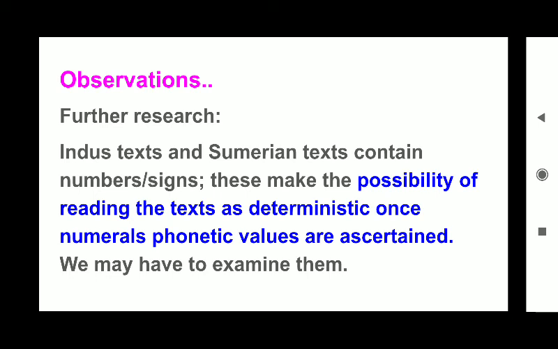Indus text and Sumerian text contain number signs. These make the possibility of reading the text deterministic once numbers, numerals and phonetic values are ascertained. This is one possibility that we have applied in the case of the Sumerian, particularly the Babylonian mathematics. We have seen that probably the triangle was referred to in Tamil as Samatun Sangam.